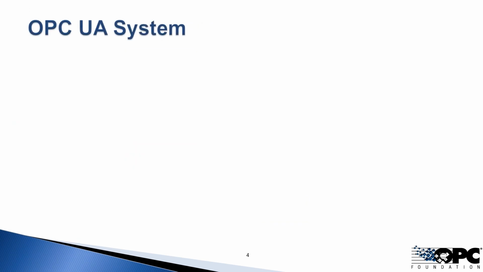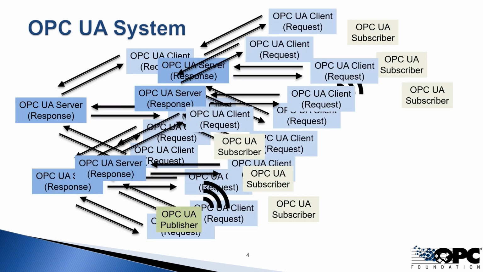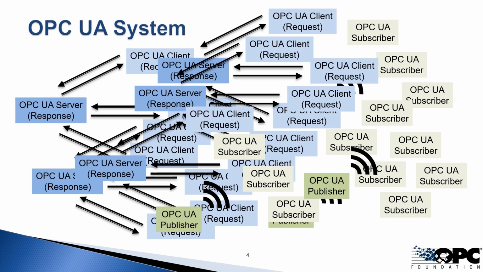But if instead my UA system consisted of many servers and many clients and many publishers and many subscribers, that same system would be difficult to maintain without the use of some centralized components.